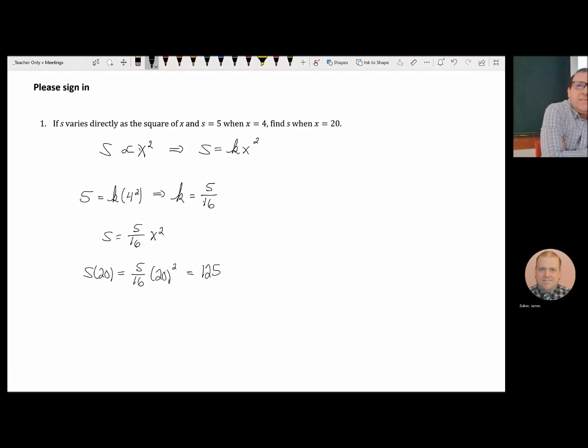Did you multiply S with 20? No, this is S of 20, because S is technically a function of X. Another way you could write it is also this way. S is being evaluated when X is 20. Same thing.